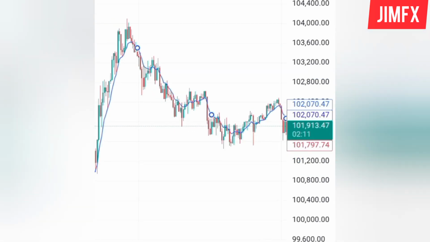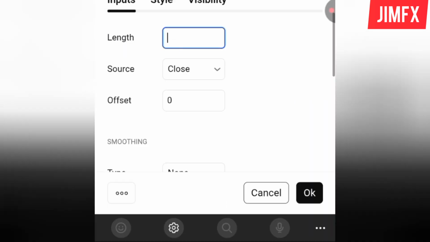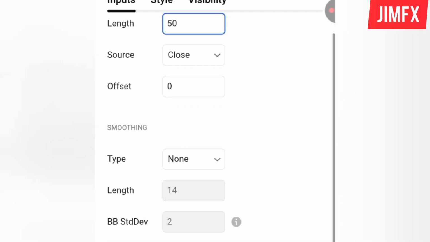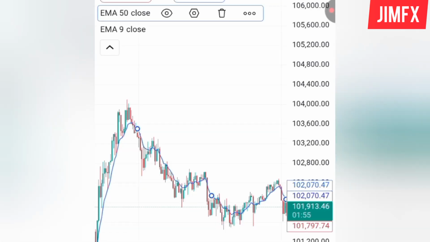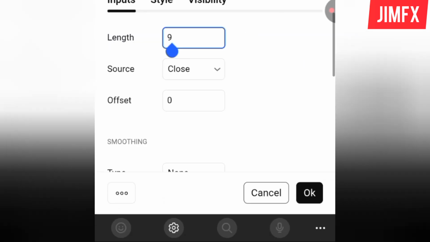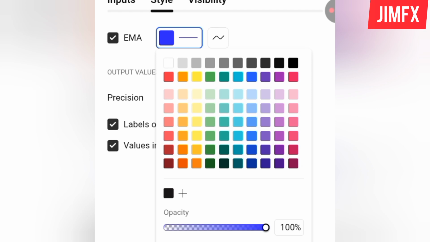Then your role is just to edit them. You put the length to 50 exponential moving average here, and the close, you just leave them here. You can change the color if you want. Then here you come and change to 20 exponential moving average right here, but for the color for the 50 and 20, at least they should not be the same, so that you'll be able to differentiate them very well.